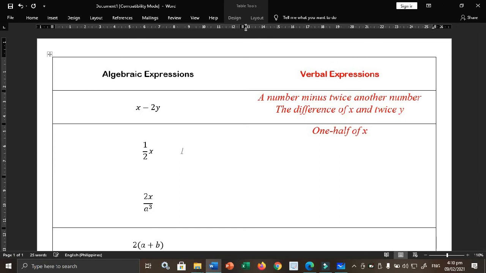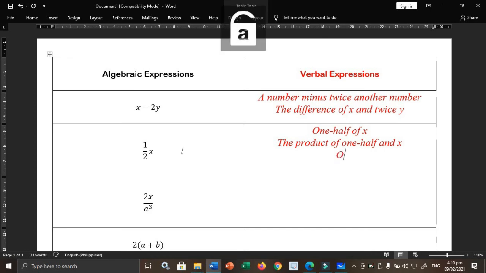Or, pwede naman the product of 1/2 and x. Or another number, or a number, kasi variable. So, it's up to you if ang ilalagay nyo is a number or another number, or you can straight up write the variable itself.